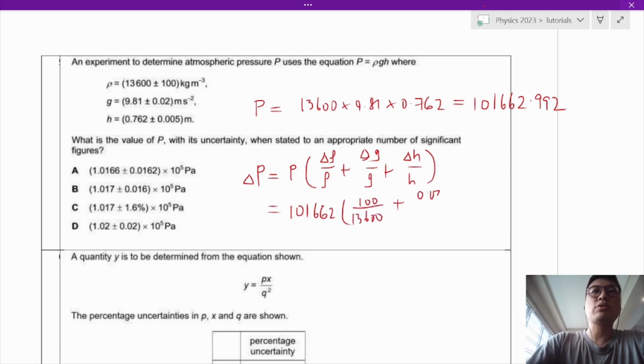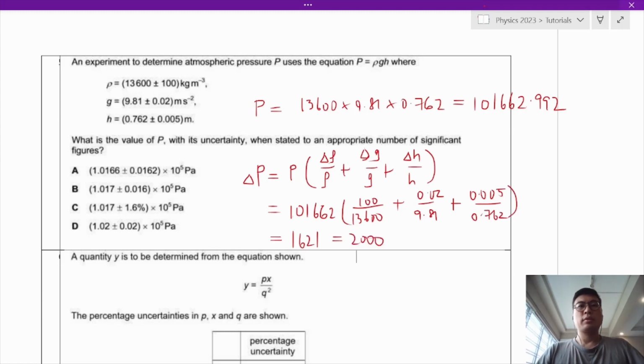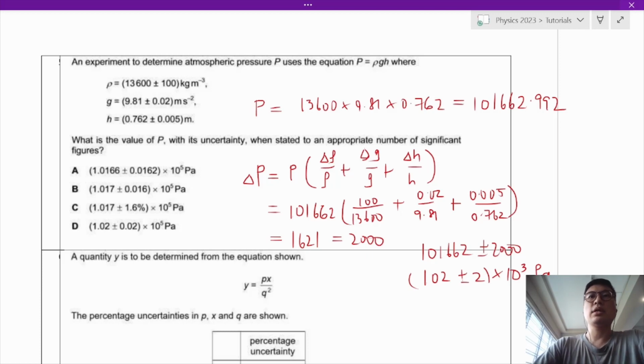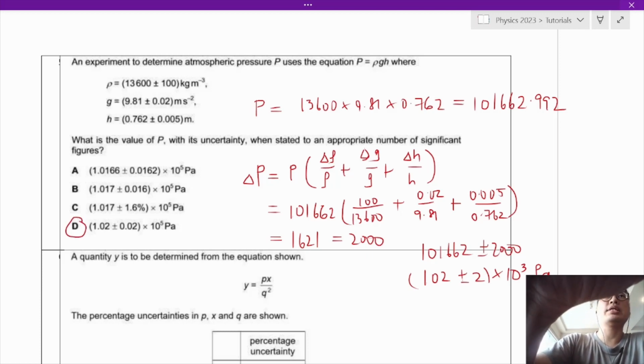Plus 0.02 over 9.81 plus 0.005 over 0.762. Putting this into a calculator, we get a value of 2000. So that means it's 101,662 plus minus 2000, which really you need to round off to 102 plus minus 2 times 10 to the power of 3 Pascal. So I suppose the closest value would be D.